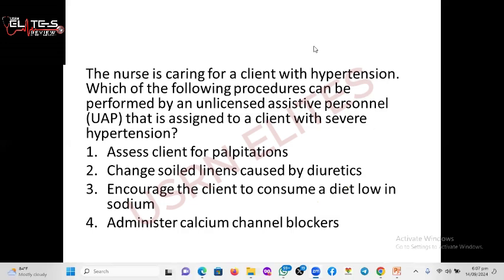We have: assess the client for palpitations; change soiled linen caused by diuretics; encourage the client to consume a diet low in sodium; and administer calcium channel blockers. Which of these can be performed by a UAP?